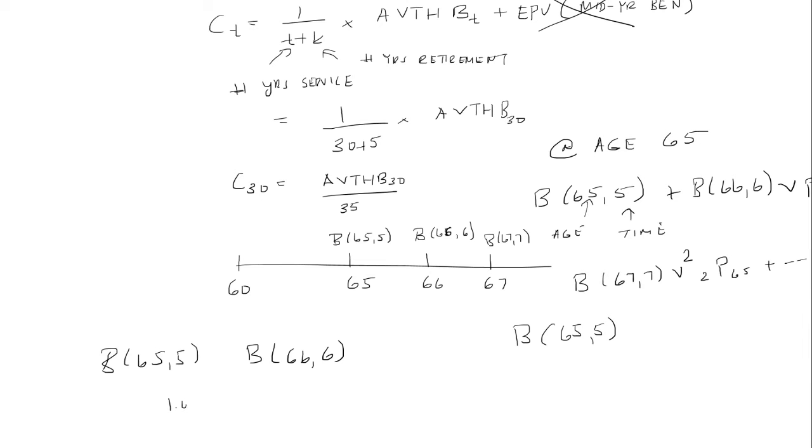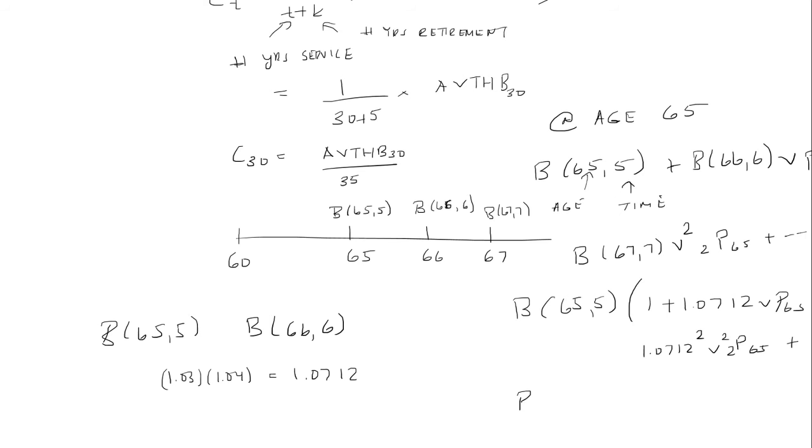So together, that's 1.03 times 1.04, which is 1.0712. Okay, so every time it's going to increase by this amount. So we have 1 plus 1.0712 v p65 plus 1.0712 squared v squared 2p65, and so on.